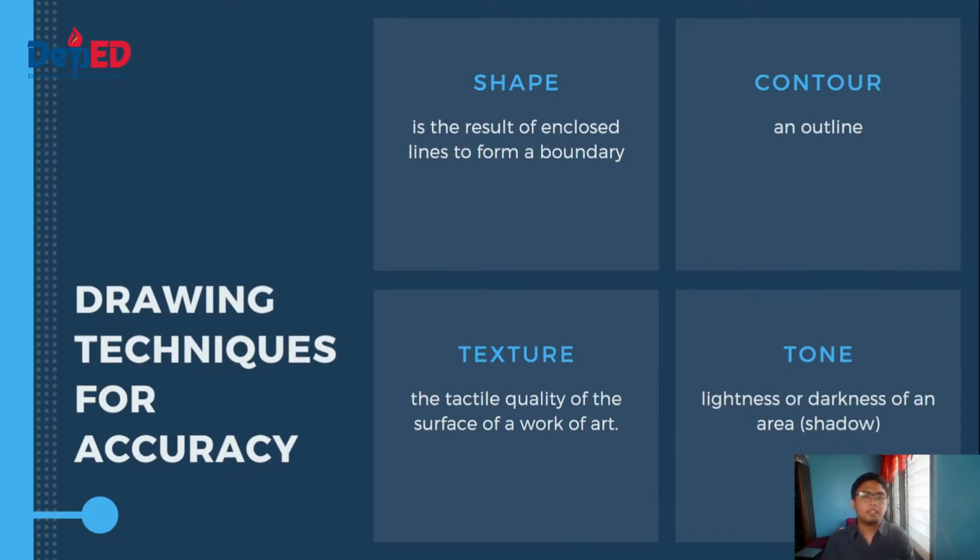It may be smooth, it may be rough, it may be like marble or something similar. Tone is the lightness or darkness of an area. So we're talking about shadowing here. You will put light or dark shadows, depending on the perspective of the light you're looking at.